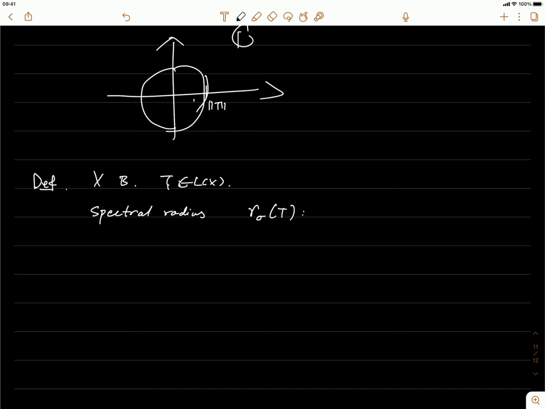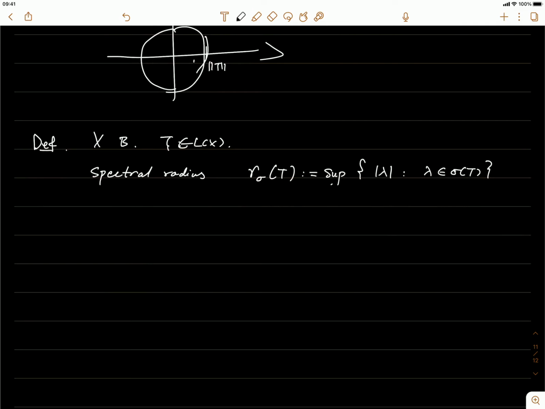And this real number is defined to be the supremum of the absolute value of lambda, or magnitude of lambda, or modulus of lambda, such that lambda is in the spectrum of T. Okay, so that's the spectral radius.